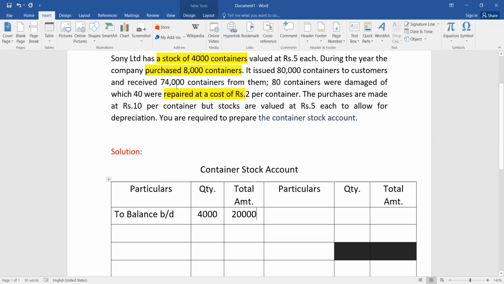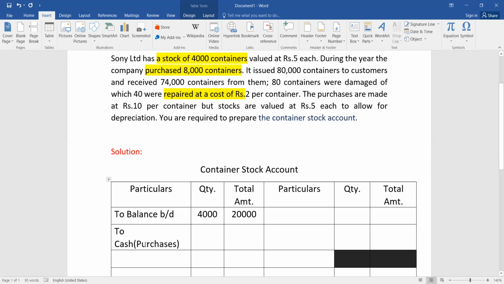Next, during the year, the company has made purchases of 8,000 containers. The entry for the purchases would be container stock account debit to cash account. As the stock is coming into the business, it is stock account debit to cash account, as it is cash purchases.